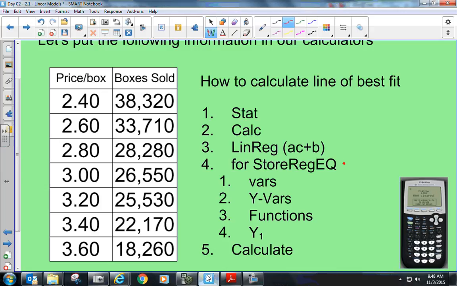There'll be a little colon here, right? And when your cursor is here, you need to hit the vars button, choose Y vars, then functions, Y1. And when you hit enter, it will put a Y1 right here for you.